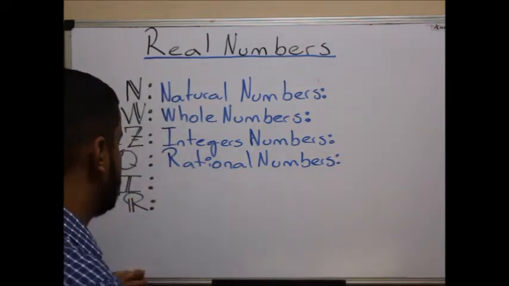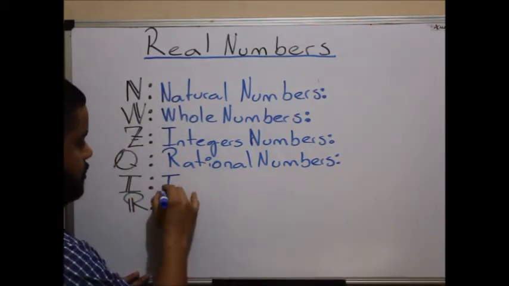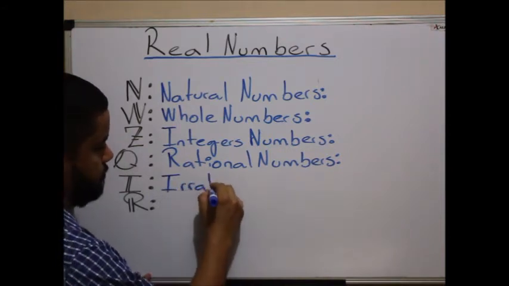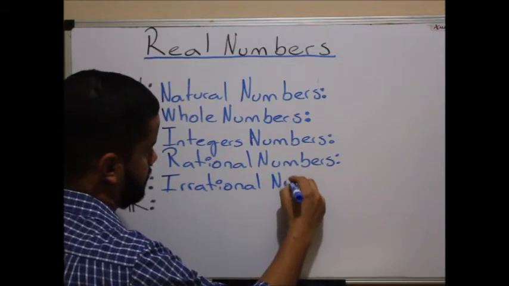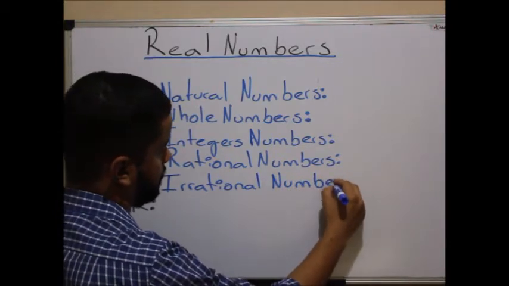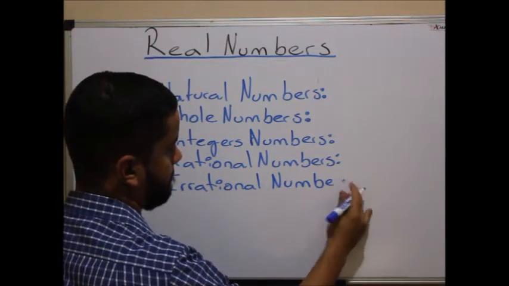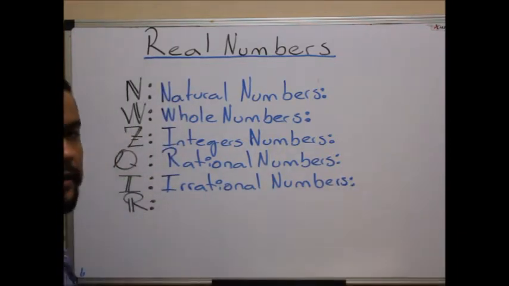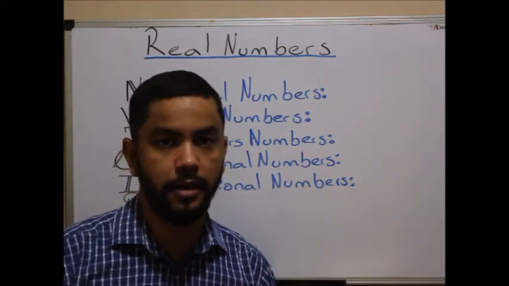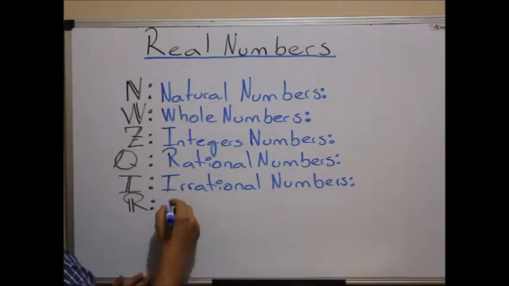An I represents the irrational numbers. And an R represents the real numbers.